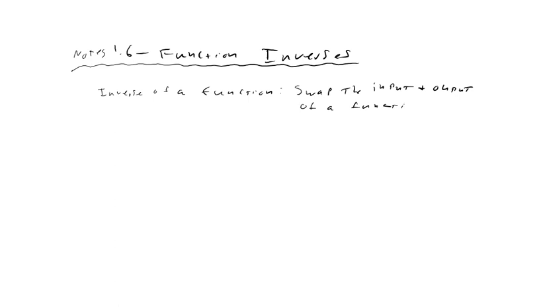Let's say you have f of x, and you have the domain, also called the inputs, like 1, 2, 3. And you have your outputs, your range, 4, 5, 6.